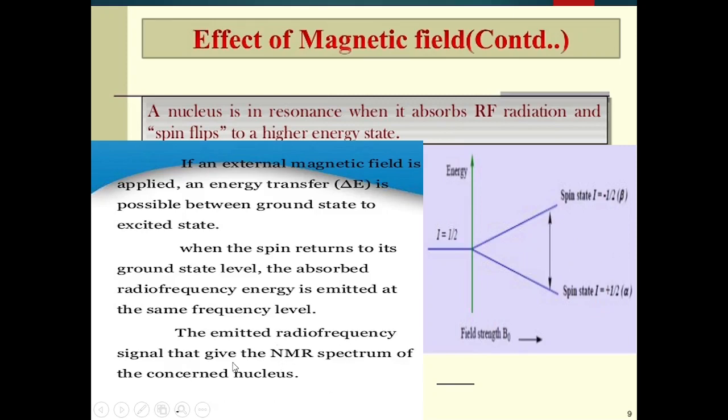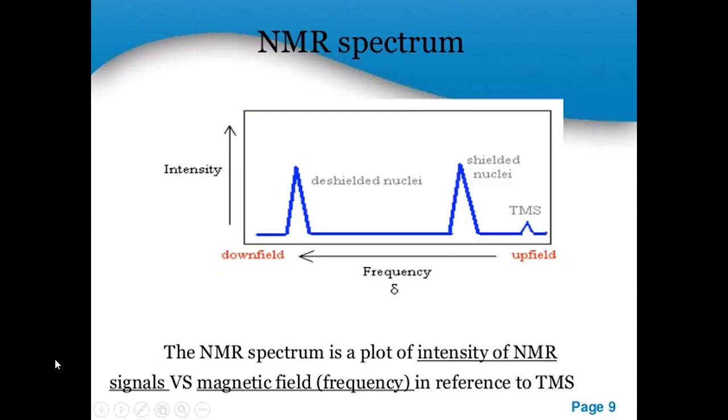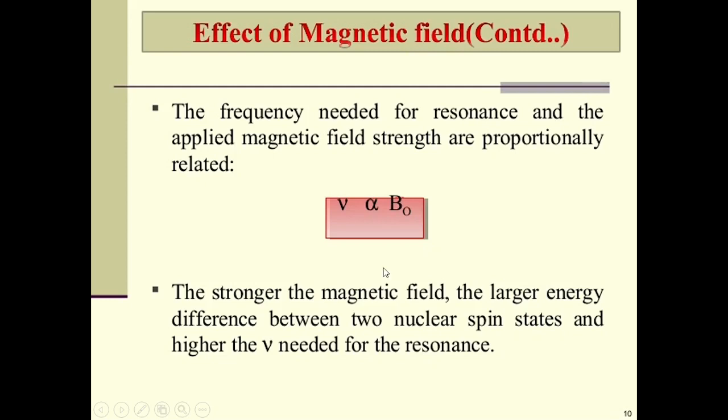The emitted radio frequency is detected by the NMR instrument and plotted against intensity. This is the NMR spectrum. So intensity is plotted against frequency, and an NMR spectrum is a plot of intensity of NMR signals versus magnetic field in reference to the TMS.